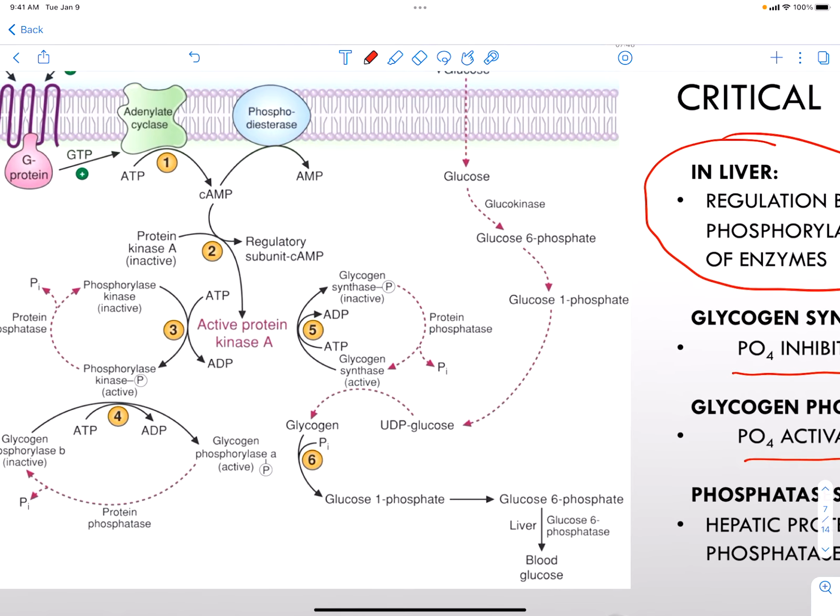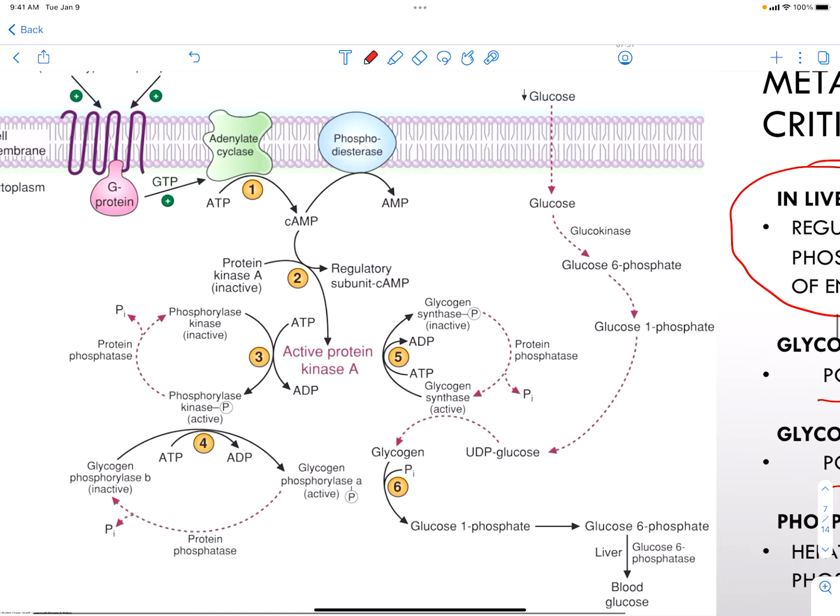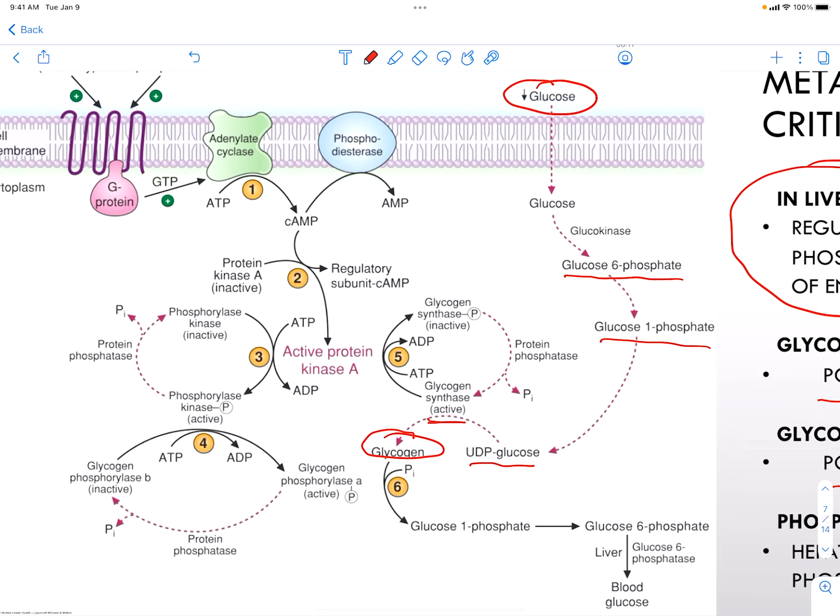So let's just blow this up just a little bit. And so in here we have, of course, depending on fed or fasting state. So in the fed state you will bring in glucose, and your glucose will be converted to glucose 6-phosphate. Your glucose 6-phosphate will become glucose 1-phosphate to UDP glucose, and then you're going to build up glycogen stores. So in this case, your glycogen synthase is activated, and over on the other side, your glycogen phosphorylase is right here, inactivated.